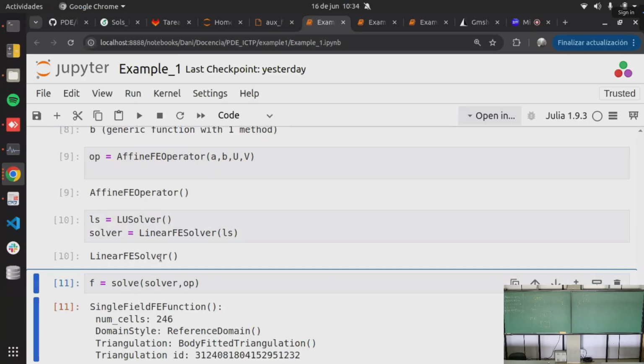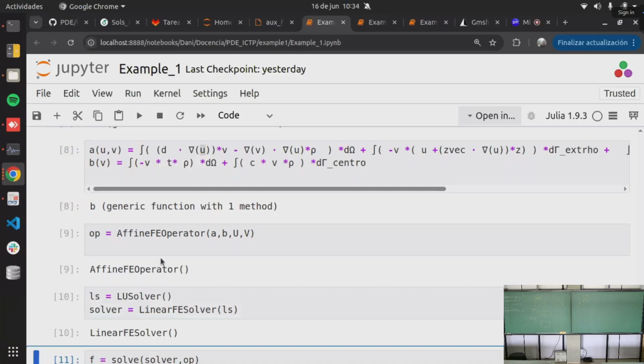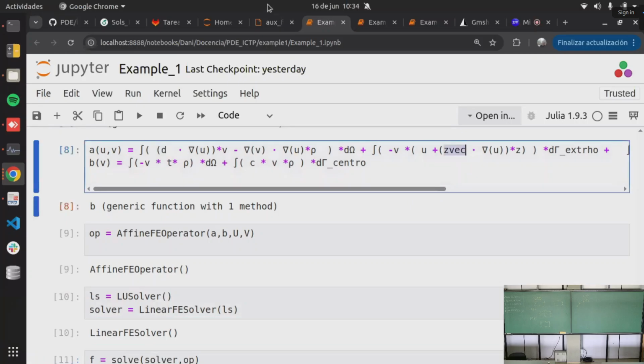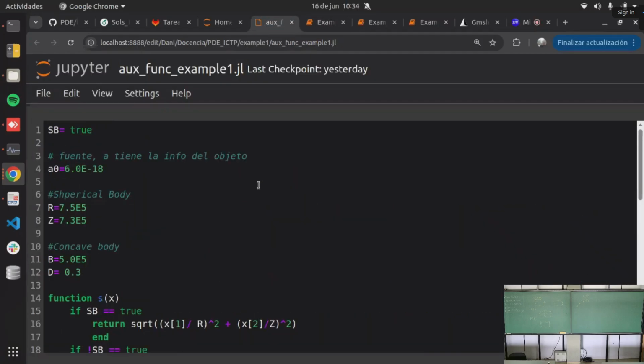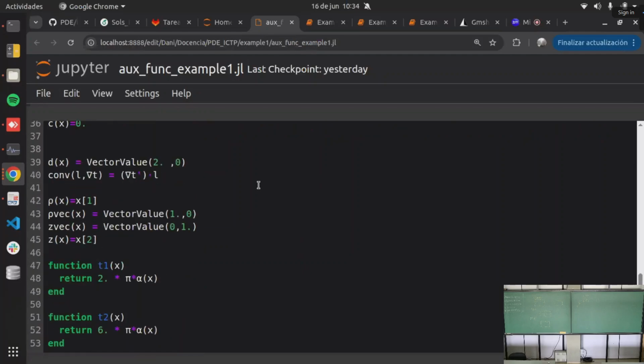So, Daniela, yeah, this Z is the normal on the Z direction. This is here in the auxiliary functions, set a vector, in the structure of vectorial structure that Gridap needs.